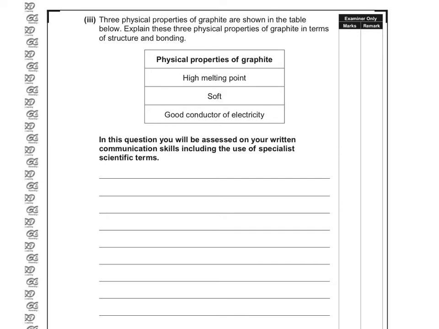Alright, this type of question is actually easier than it looks. Break it up into the different points. So we're going to explain the 3 physical properties. So take each one, do the melting point, the hardness or the softness of it, and then the conductivity.